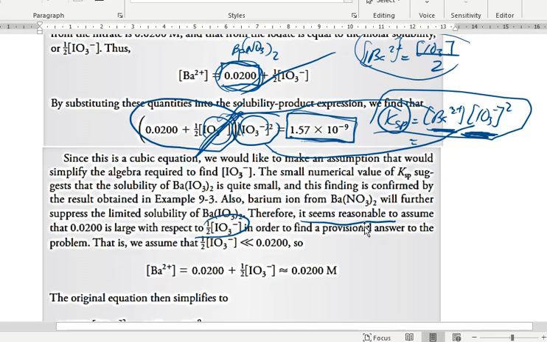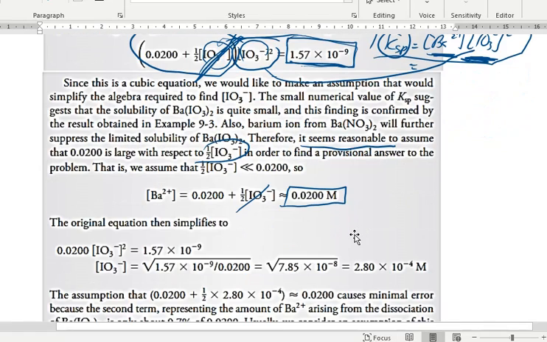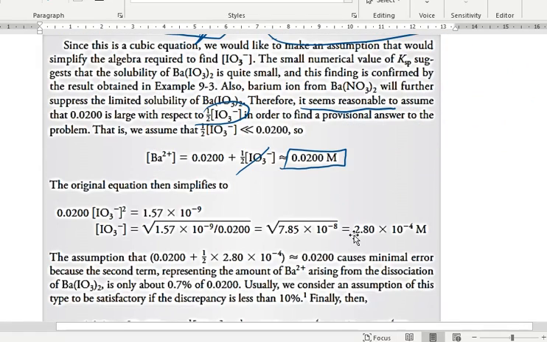The concentration of barium will then be approximately 0.02 molar, since we remove the IO3 term. So we can now solve for the concentration of IO3 using the quadratic equation.